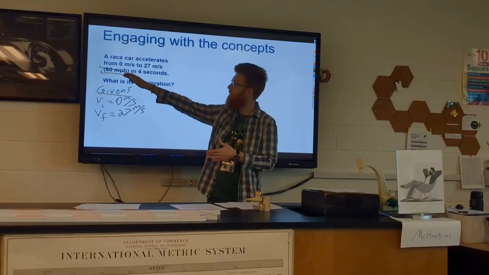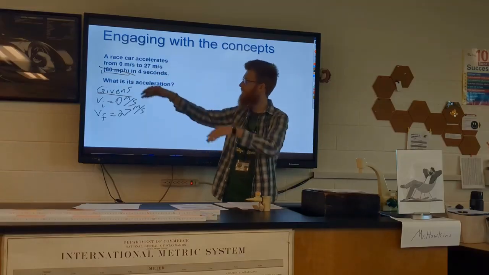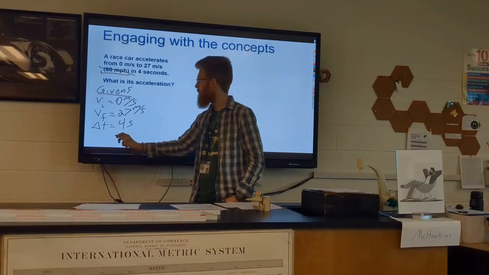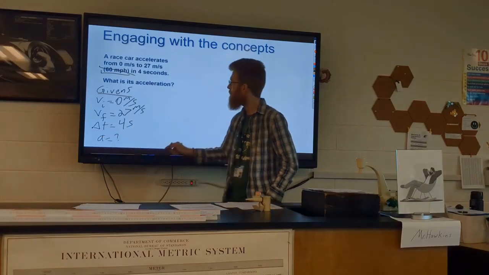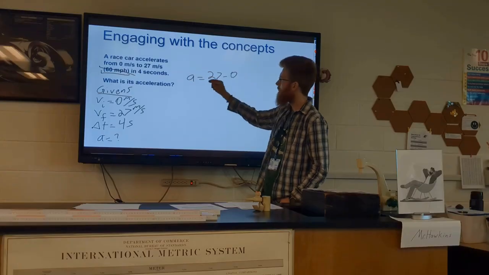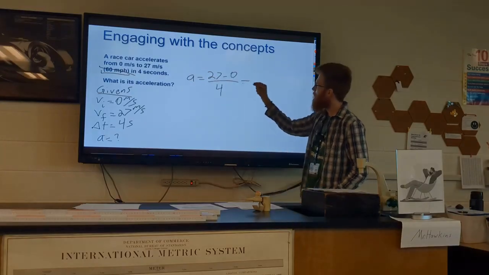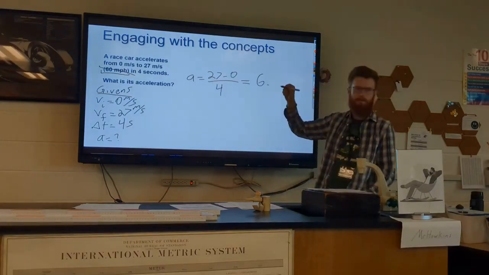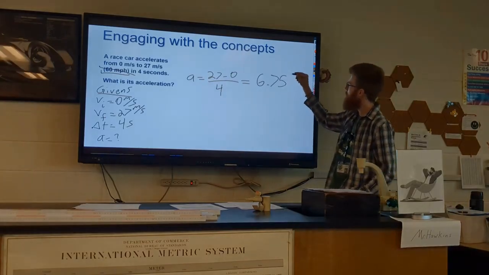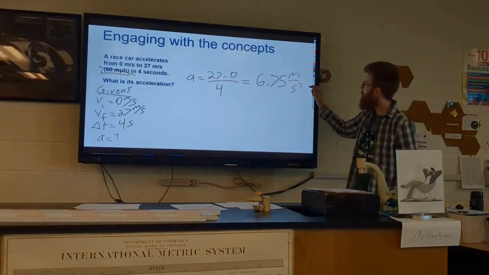So good to know, I guess, for a reference, but we don't actually need that. Our change in time, 4 seconds, and we're looking for acceleration. So like before, we'll do 27 minus 0 divided by 4, which I do believe gives us, was it 675? 6.75 meters per second squared.